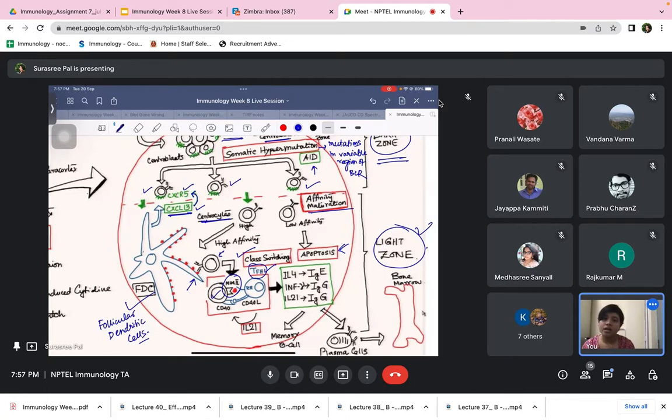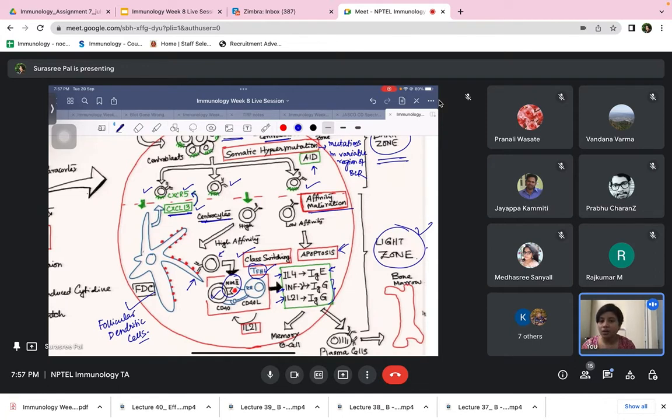That means they will express several classes of antibodies like IgE, IgG, right? So this is just a brief overview of what kind of cytokines can be there. IL-4 will induce the expression of IgE, right? And IFN gamma and IL-21 will also induce the expression of IgG molecules, right?